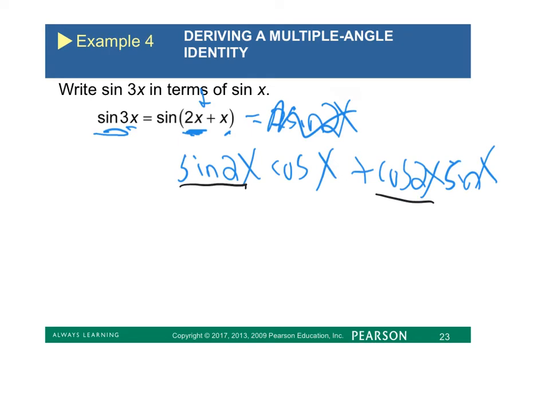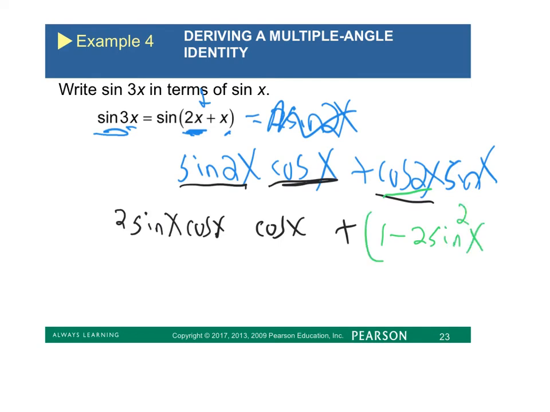Double angle of sine of 2x would be 2 sine of x cosine x, bring this one down, cosine x plus cosine of 2x is going to be, you got to decide which identity you want to use. 1 minus 2 sine squared x times the sine of x.